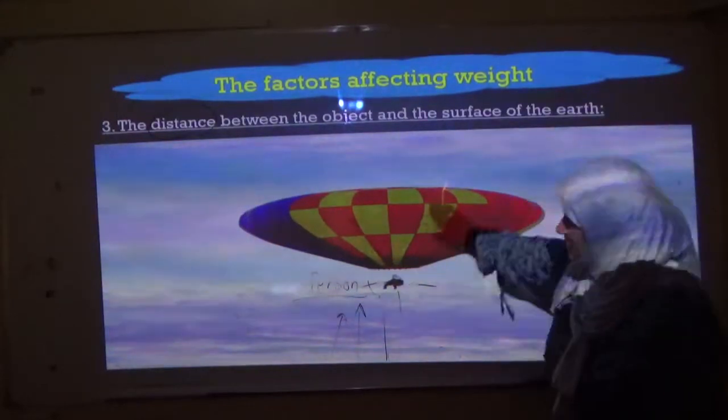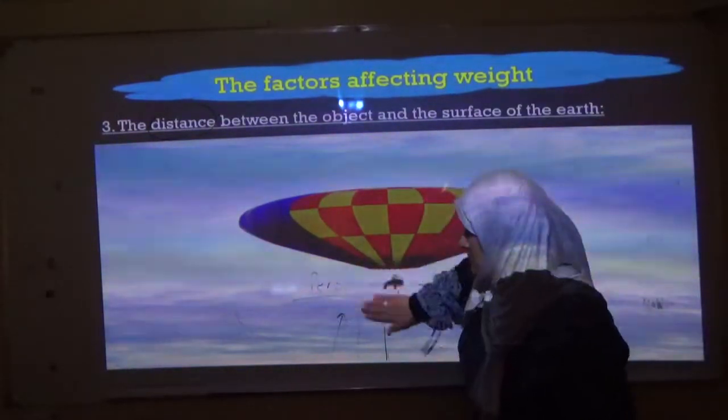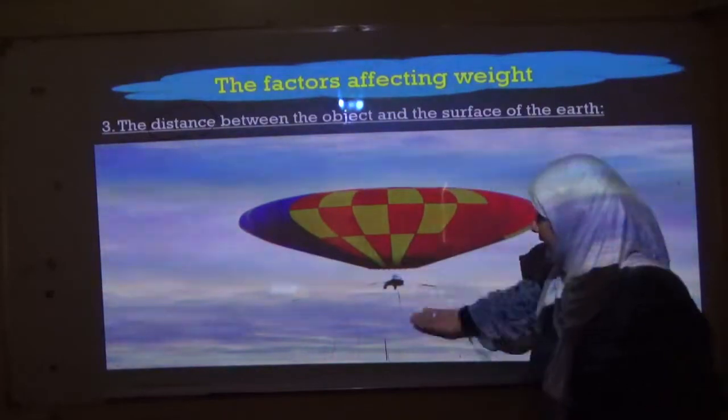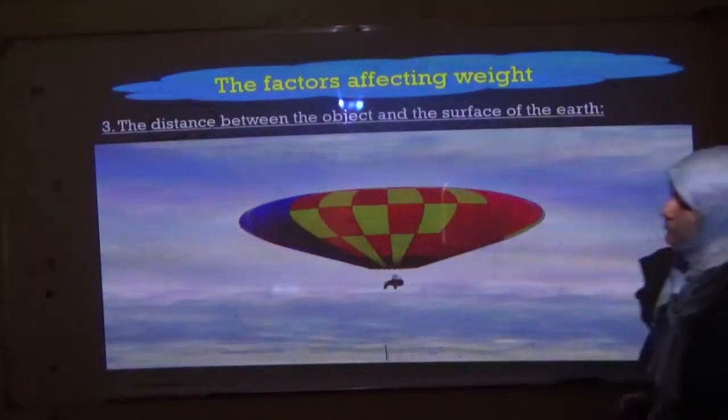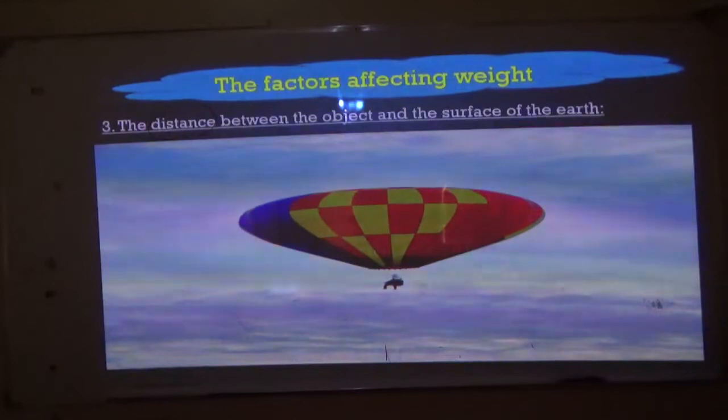Let me repeat what we said before in one sentence. Here we have a person in a flying balloon. In the flying balloon, he is moving away from the surface of the earth.